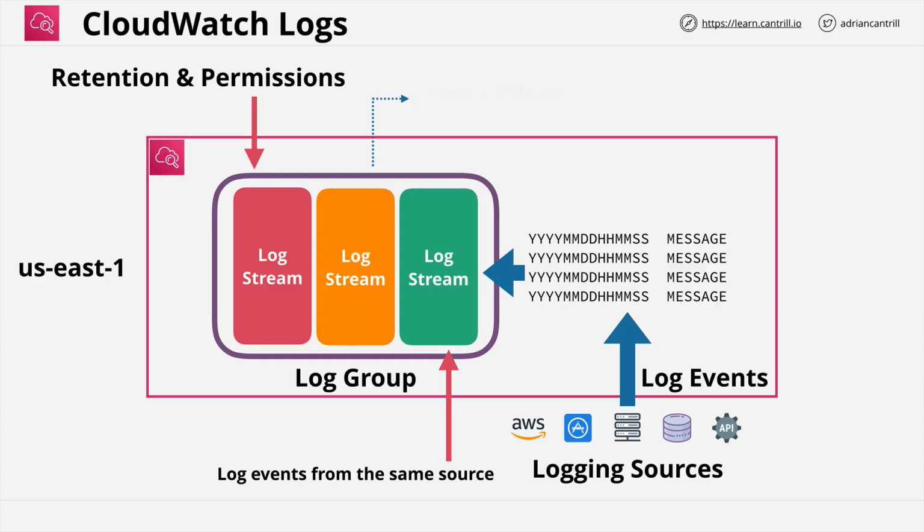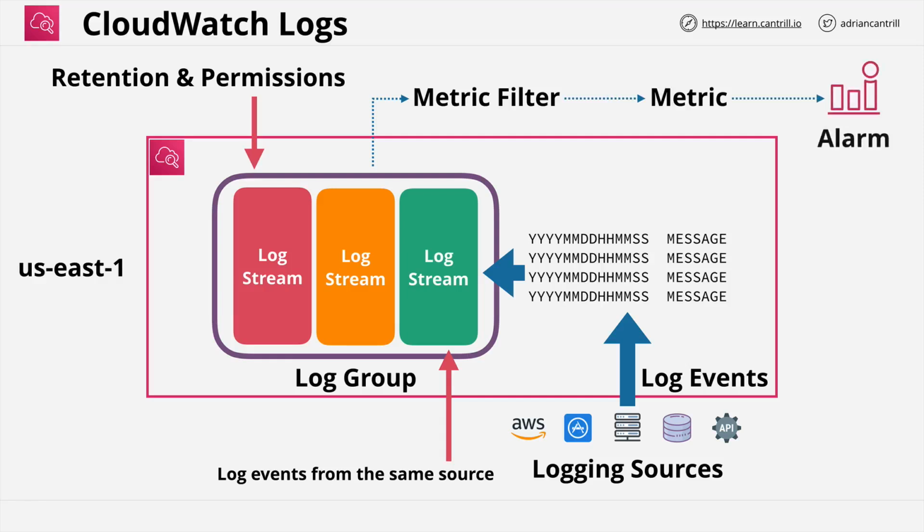So these metric filters are constantly reviewing any log events for any log streams in that log group, looking for certain patterns, maybe an application error code or a failed SSH login. When detected, these metric filters increment a metric, and metrics can have associated alarms, and these alarms can be used either to notify administrators or to integrate with AWS or external systems to take action.